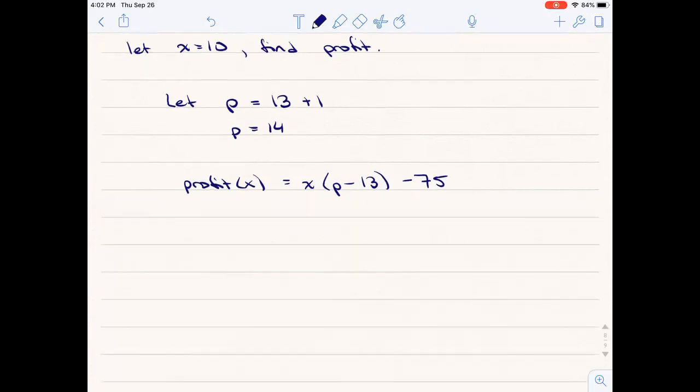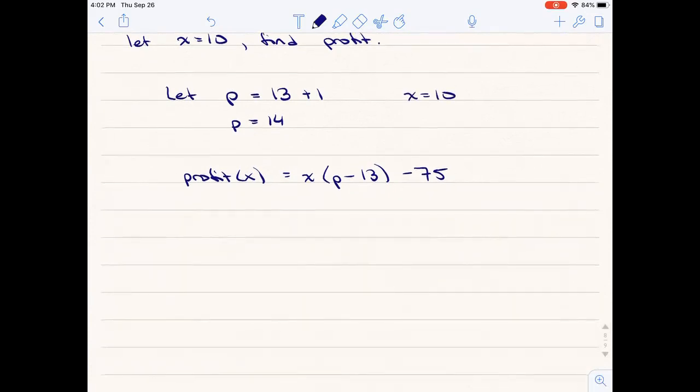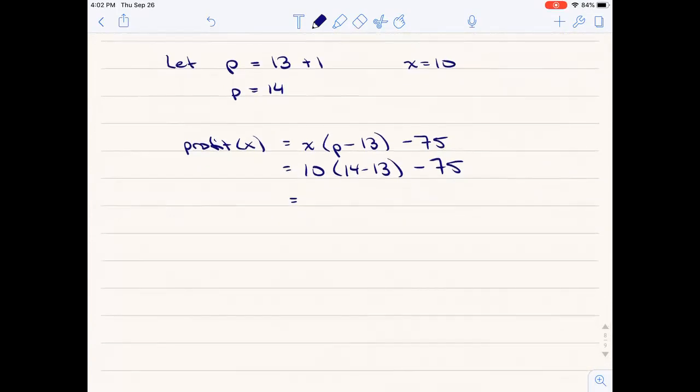So we're letting P be 14 and let X be 10. And we're solving for the profit, so we can let X be 10, P be 14, minus 13 minus 75. Okay. 10 times 1 minus 75.